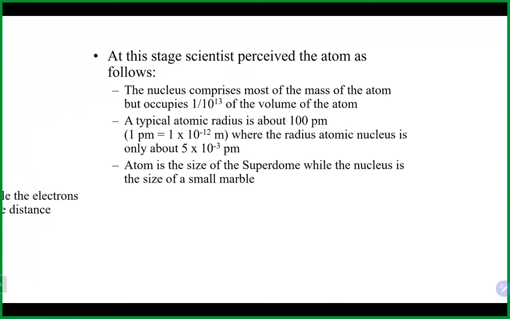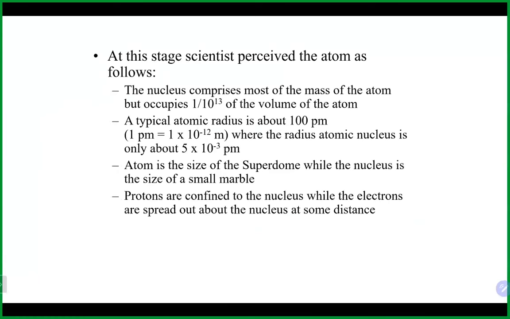Now, at this point, scientists perceived that the nucleus comprises most of the mass of the atom, but it is actually a very small volume, which explains why not a lot of those alpha particles bounced off in all those directions. You could think of the atom as being like the size of a big football stadium, or the Superdome, if you've ever been.